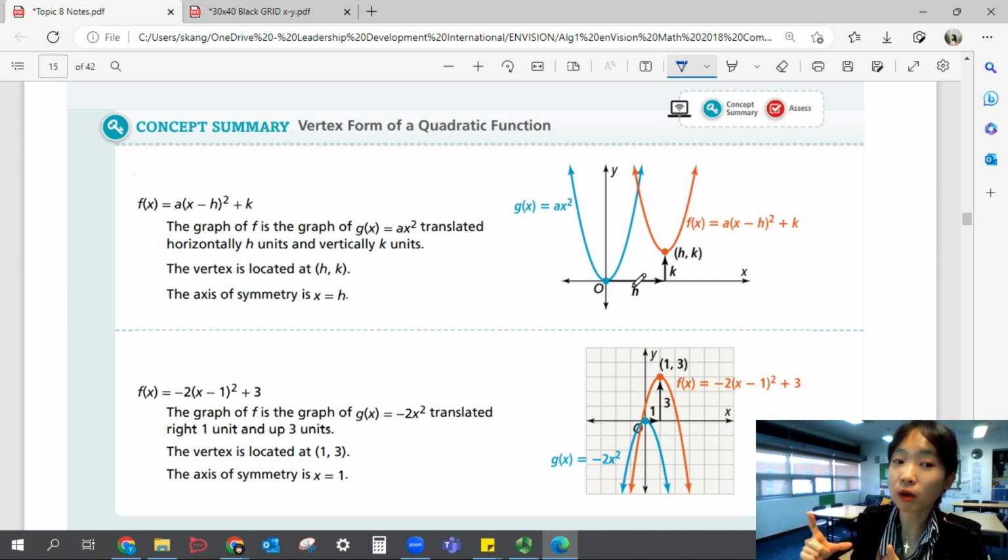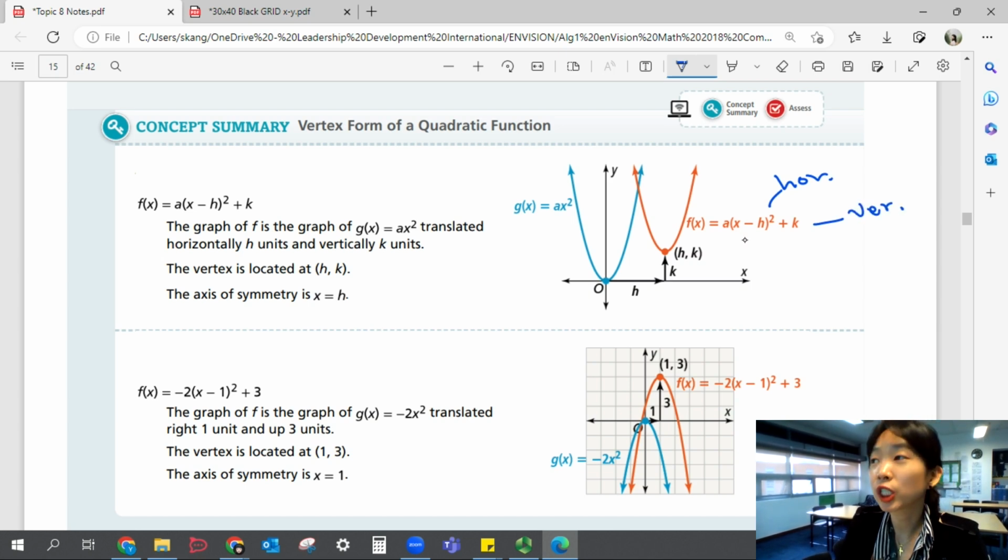So h stands for horizontal transformation. k will be vertical translation. And a will be your shape of the graph. And compared to the parent function, you can use that information to compare them.